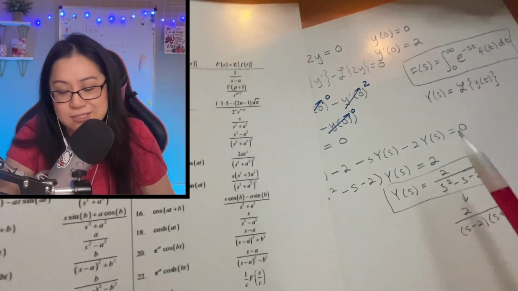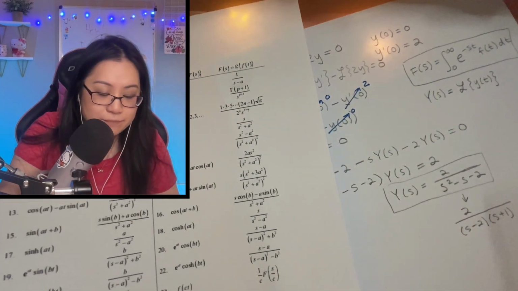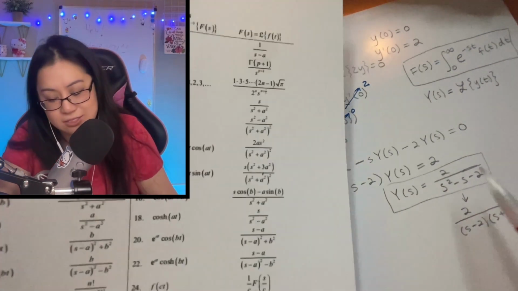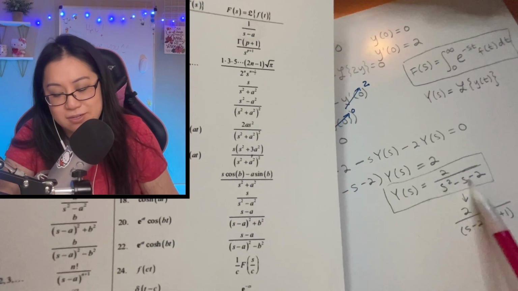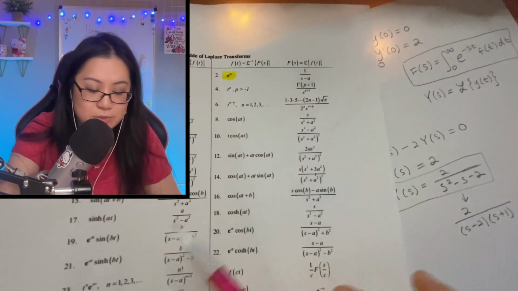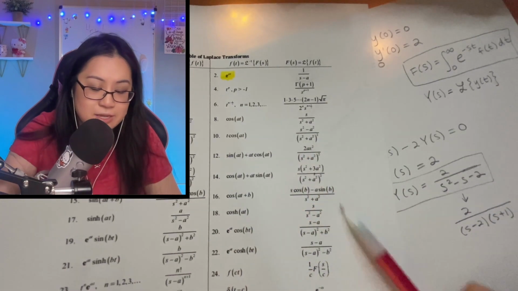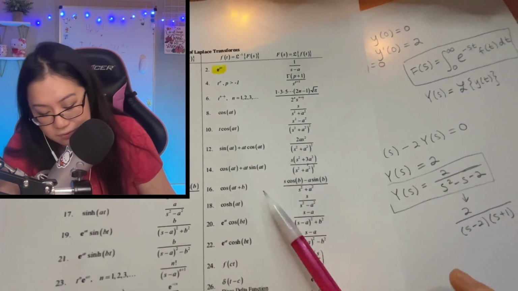But if you're looking at some really complicated DFQ, the general idea is to take your Laplace transformed function here and try and somehow break it down into one of these forms, and get the inverse Laplace transform.